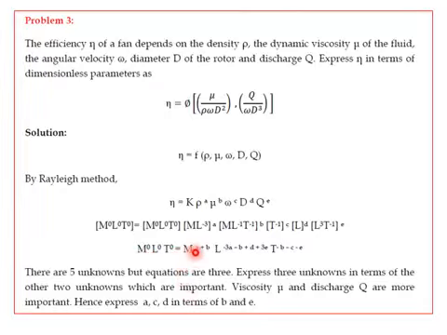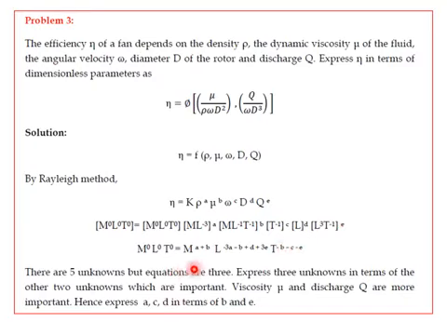So now writing this, M to the power of a plus b, then L to the power of minus 3a, minus b, then plus d, then plus 3e. Then for T we have T to the power of minus b, minus c, similarly minus e.